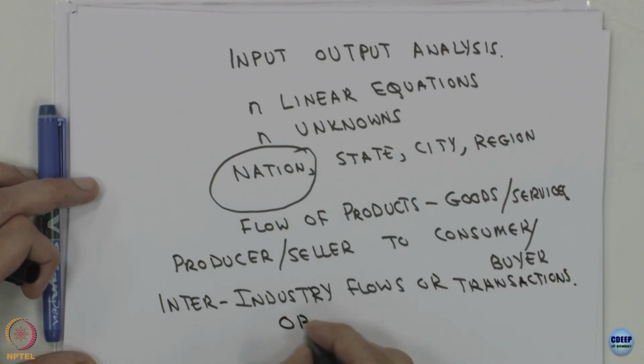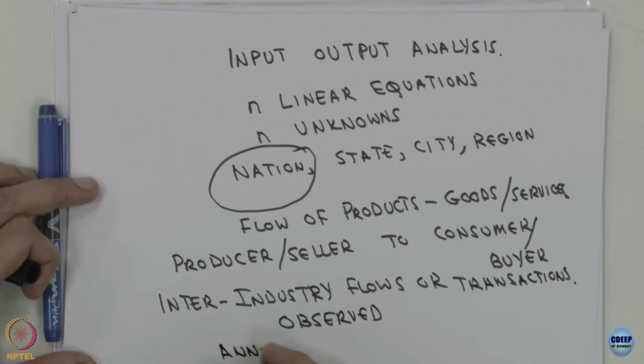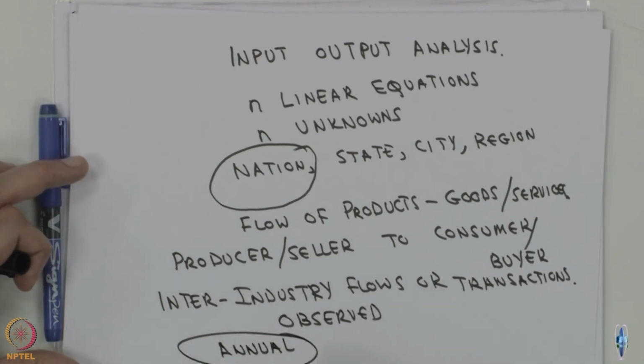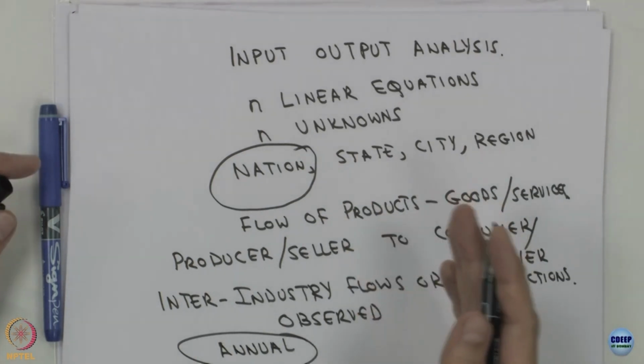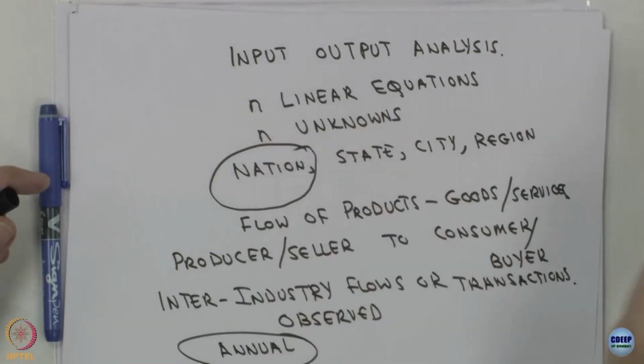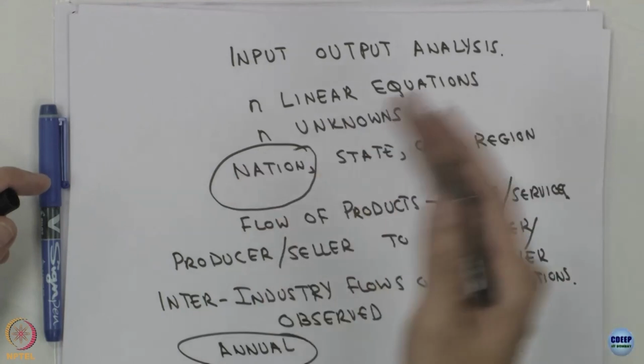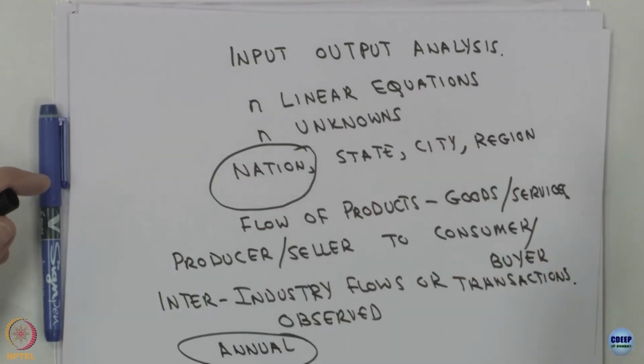Typically that period is a year, an annual period. This could be either the calendar year or, in many cases, for instance in the Indian case, the financial year, which starts from 1st April to March 31st. So you'll say 2018-19, 2019-20, and so on.